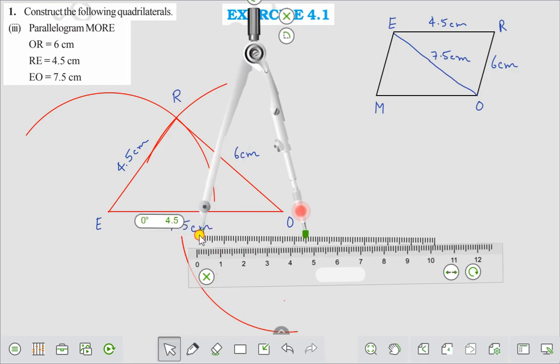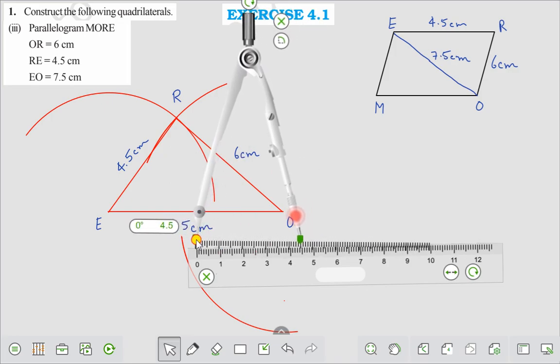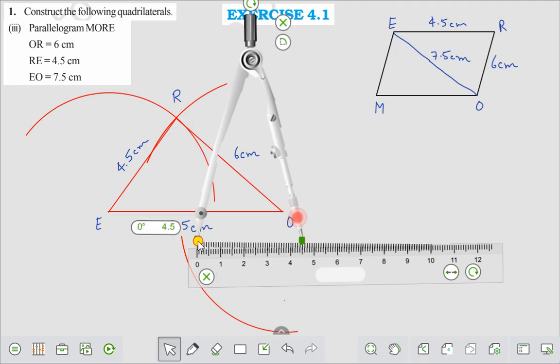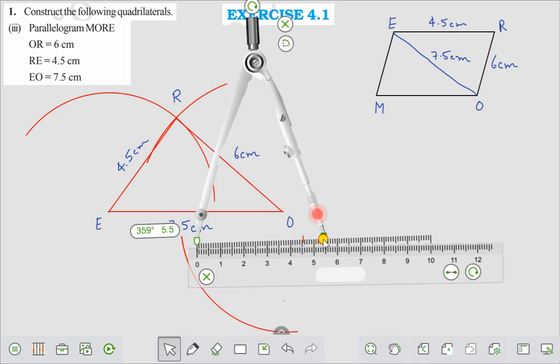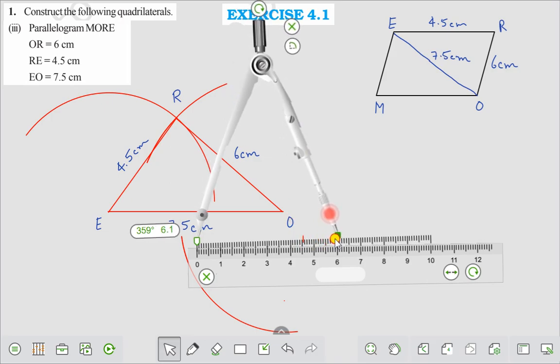Let us take the pointer at point O and take 6 centimeter. 4, 5, 6. This is exactly 6 centimeter.